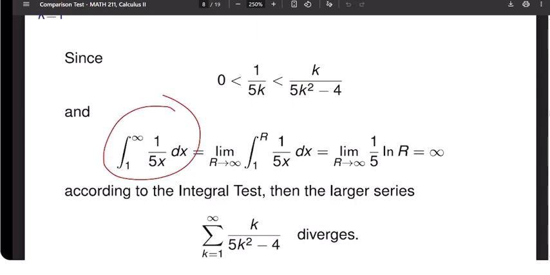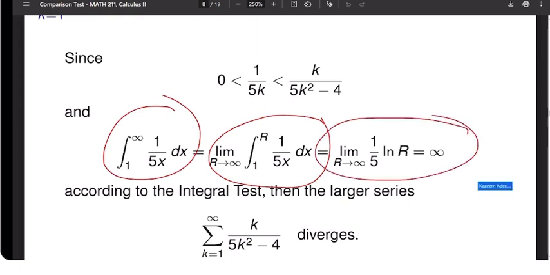One second, I think I have to switch off this. Thank you. Okay, so now I'm going to write a limit. Of course, 1 over 5s ds is very easy to integrate, which is going to give us 1 over 5 ln b. When I plug in infinity, what happened? It diverges.